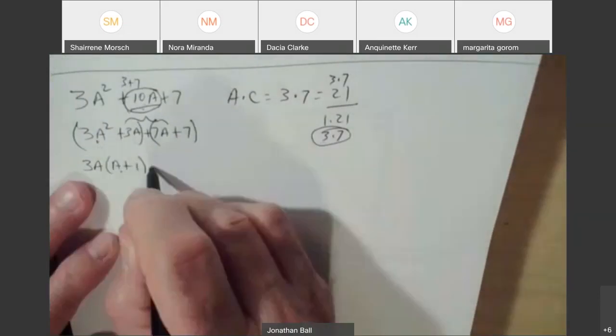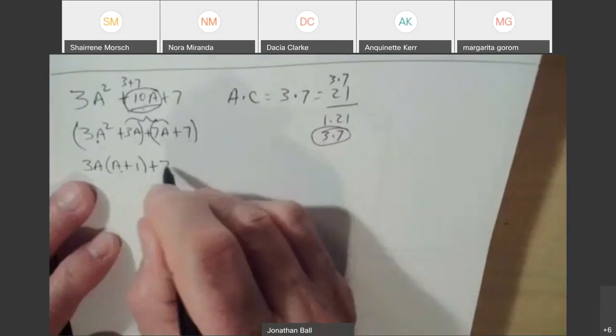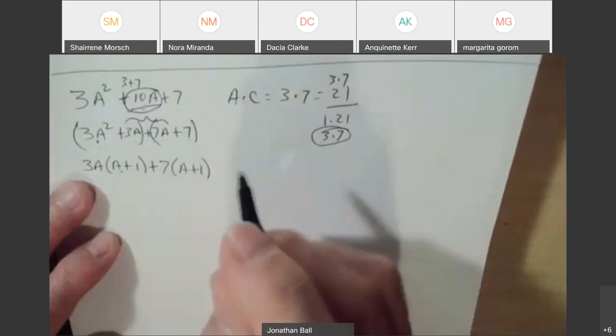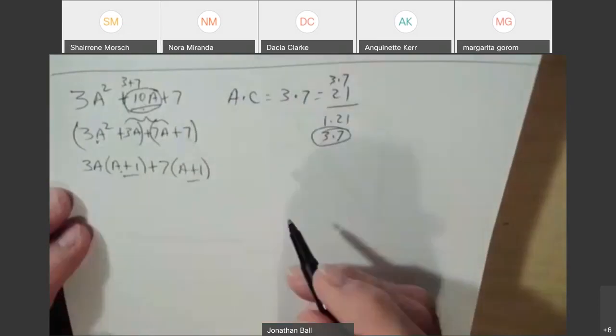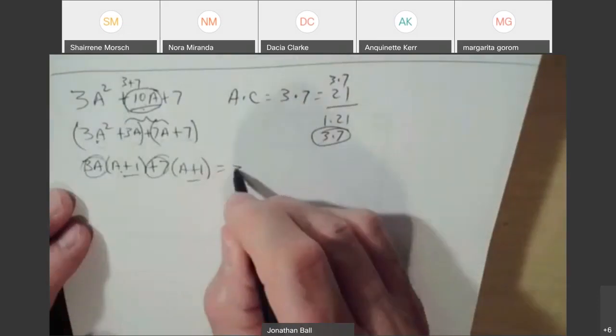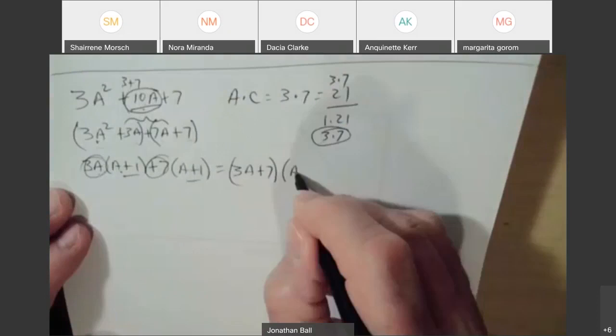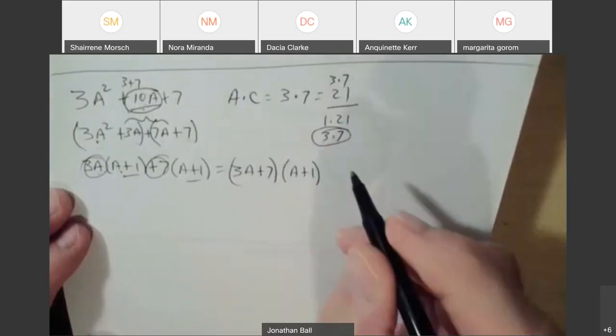Plus, and we can factor a 7 out of here. A plus 1. These two terms are the same. So we have 3a plus 7 times a plus 1.